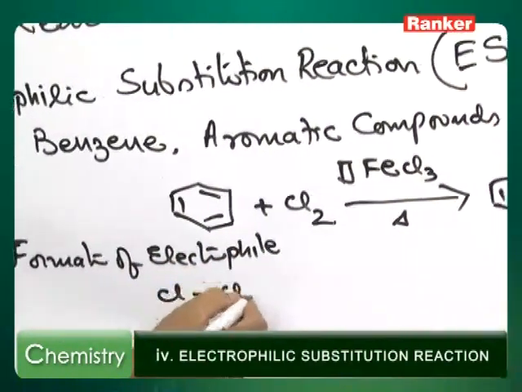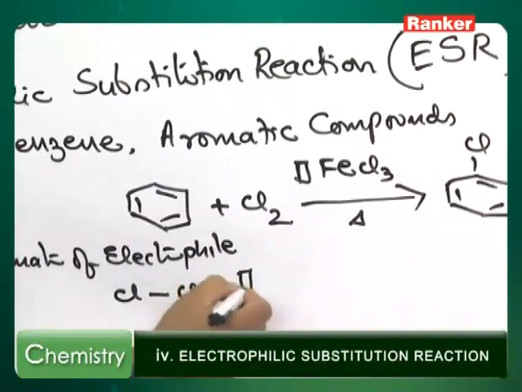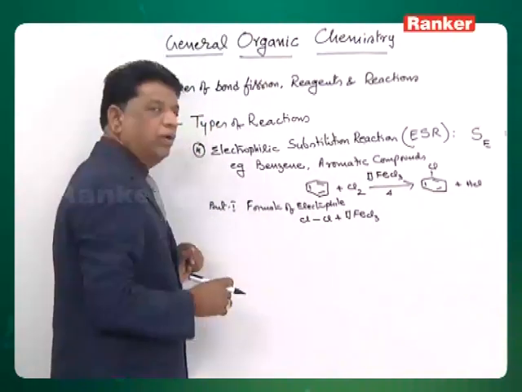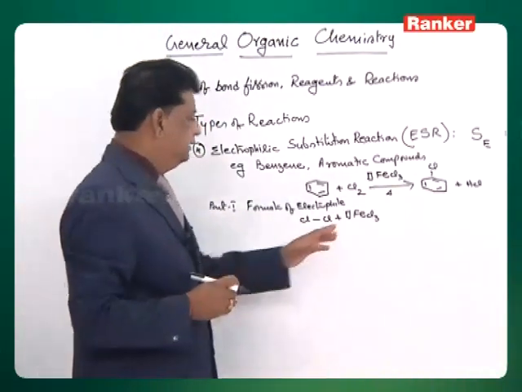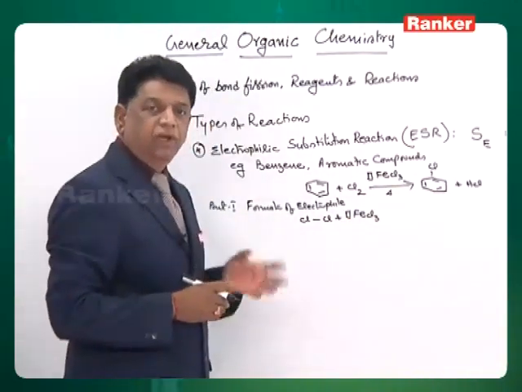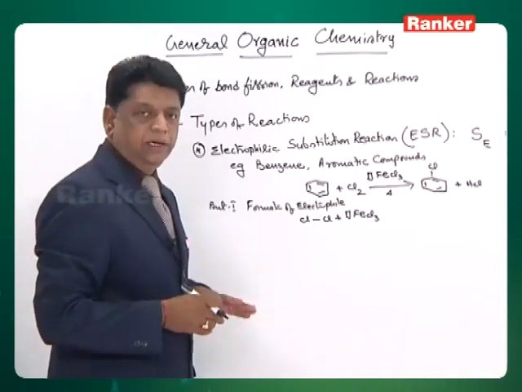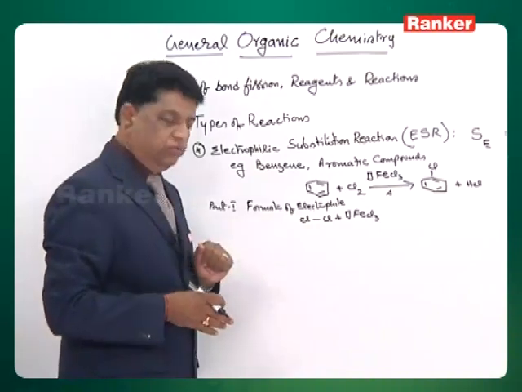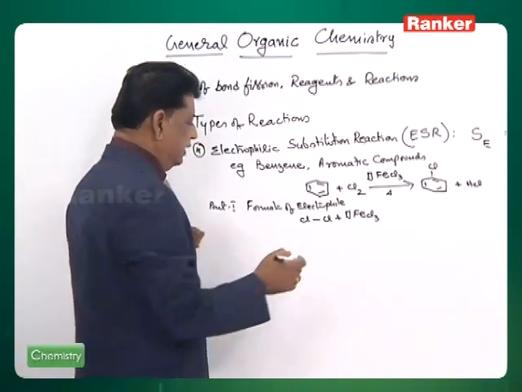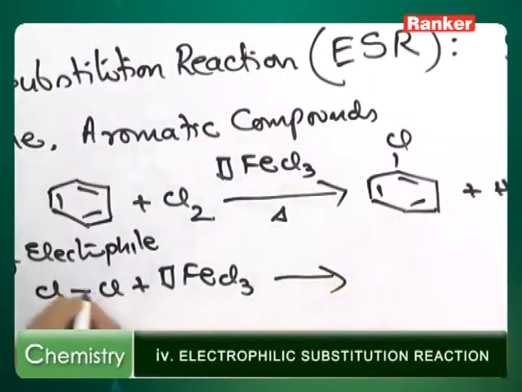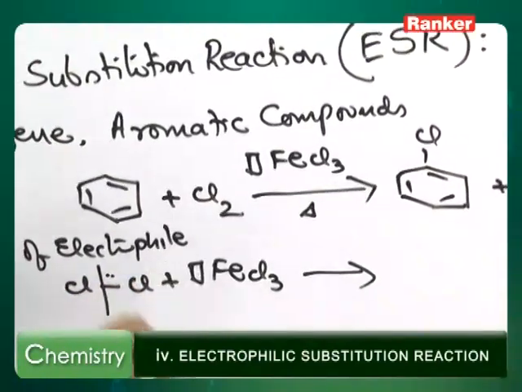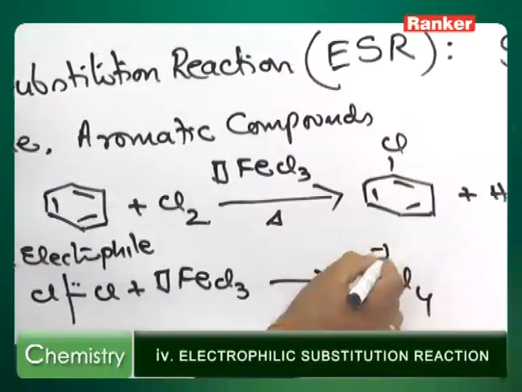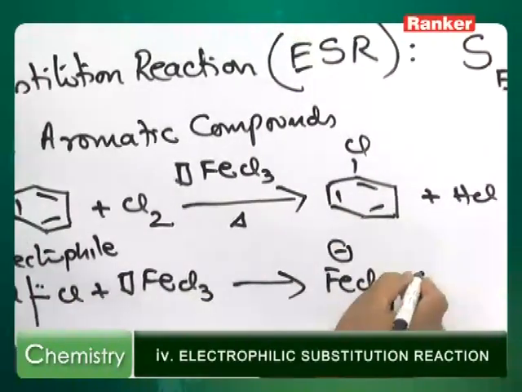When the chlorine molecule is reacting with anhydrous ferric chloride, in fact, in the market what we get is not anhydrous ferric chloride, it is hydrated, or ferric chloride dissolved in water, called aqueous solution. Hydrated ferric chloride is not useful, because in this reaction what is happening is the ferric chloride takes the Cl minus temporarily, forming FeCl4 minus anion and the Cl plus.